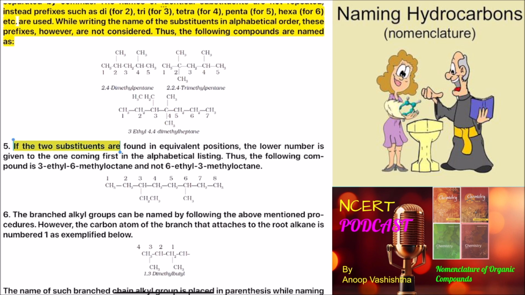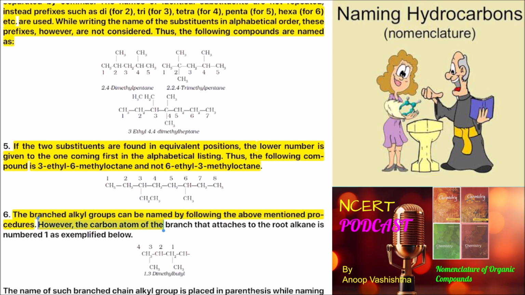If the two substituents are found in equivalent positions, the lower number is given to the one coming first in alphabetical listing. Thus, the following compound is 3-ethyl-6-methyloctane and not 6-ethyl-3-methyloctane. The branched alkyl groups can be named by following the above mentioned procedures.